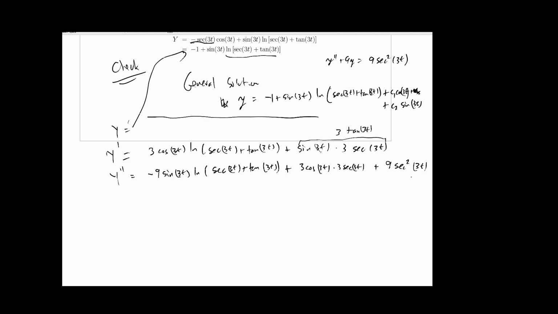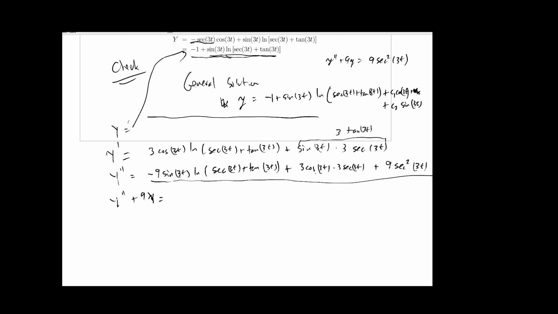And things are looking really good, because what happens when I take y double prime plus 9y? I get this thing as y double prime. And when I add 9y, that's adding 9 times this. Well, notice that the minus 9 sine 3t log of secant 3t plus tangent 3t, when I add 9 times this term here, gives me 0.